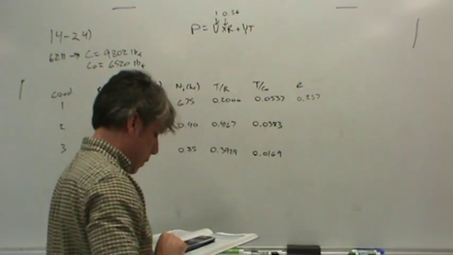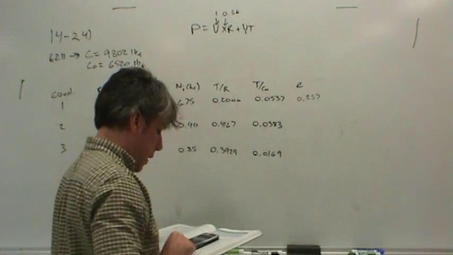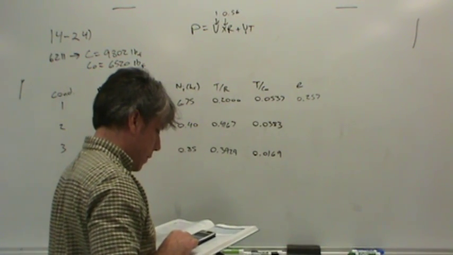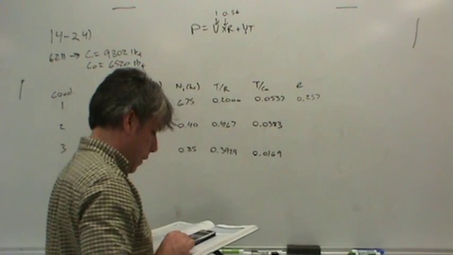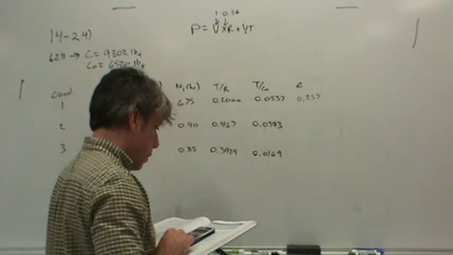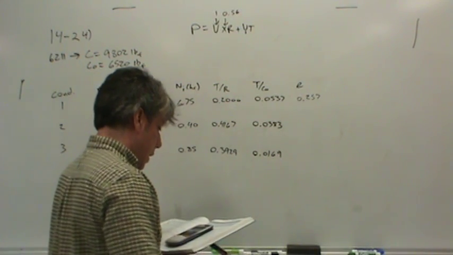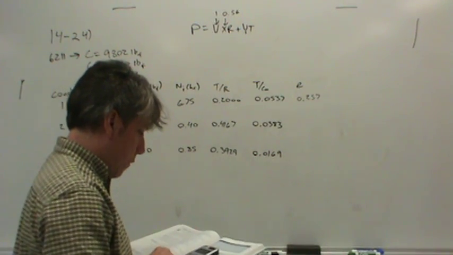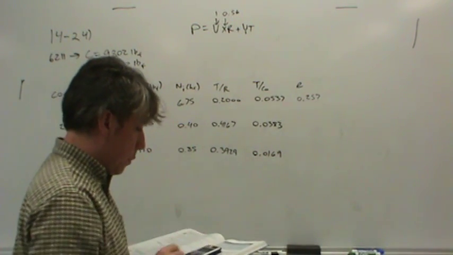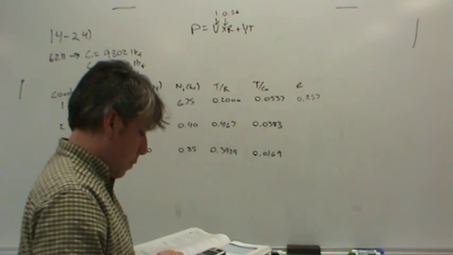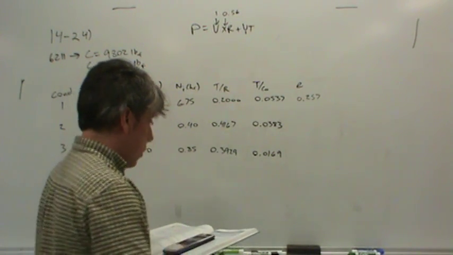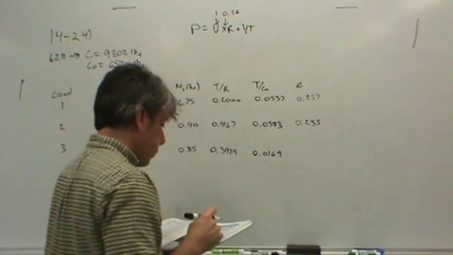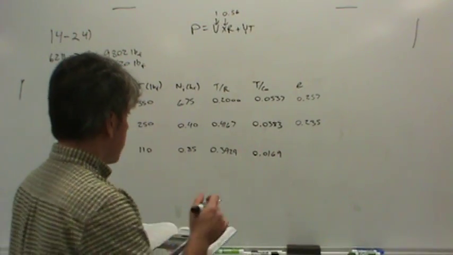So from here, 0.0383 down to 0.028, divided by that range. The range is 0.056. Make sure I get it right. 0.056 less 0.028 gives me 36% of the range, so 36% of 0.04, which is the distance in E from 0.22 to 0.26. Gives me that number plus 0.22. Okay, so it looks like E is 0.235 for that T over C naught. Let's interpolate on this one.